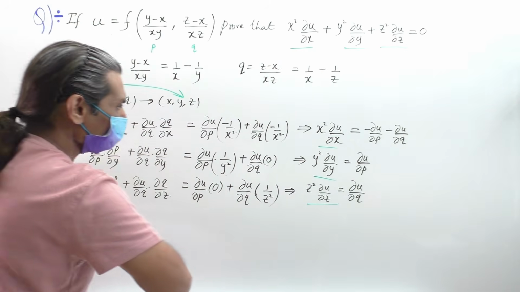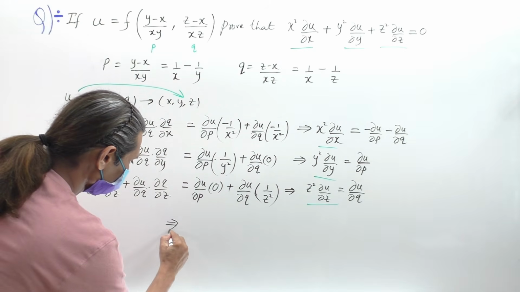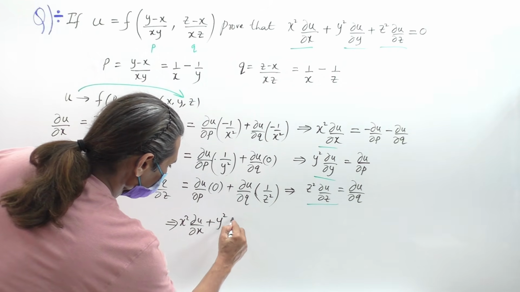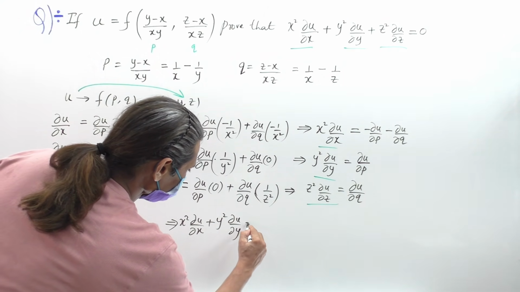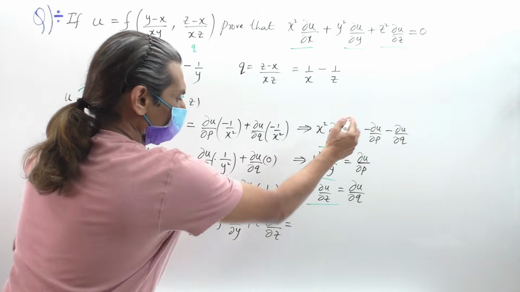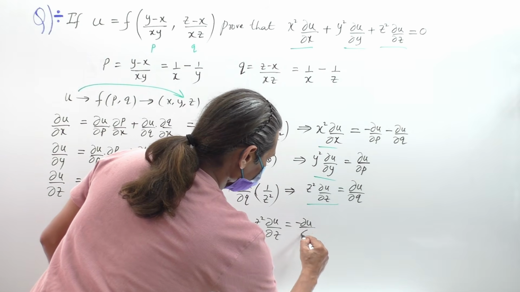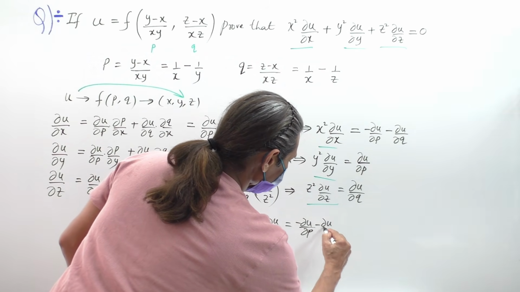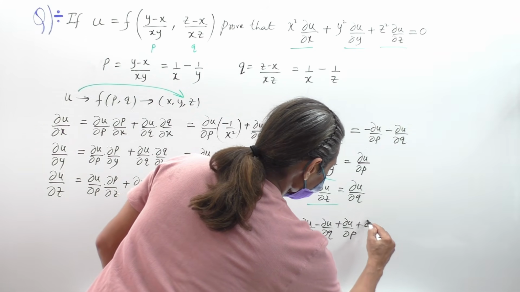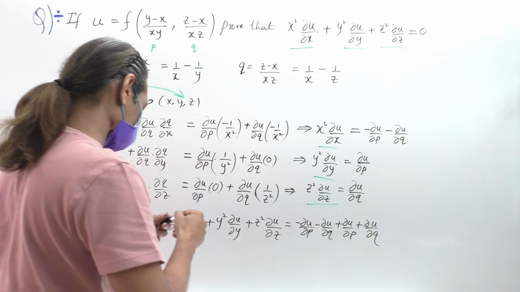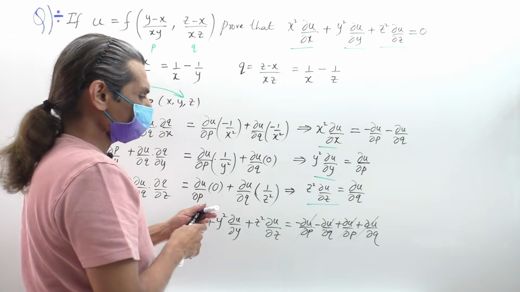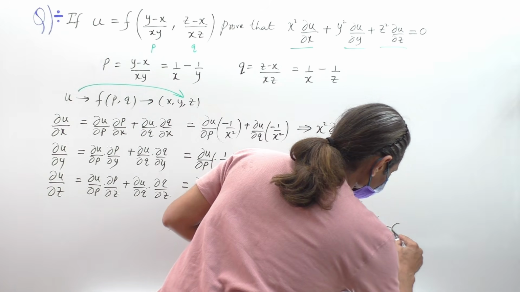So x² ∂u/∂x + y² ∂u/∂y + z² ∂u/∂z will be equal to what? −∂u/∂p − ∂u/∂q + ∂u/∂p + ∂u/∂q. That's what we have here. So when I add all these things, this cancels. And what's the answer? Answer is 0. That's all.